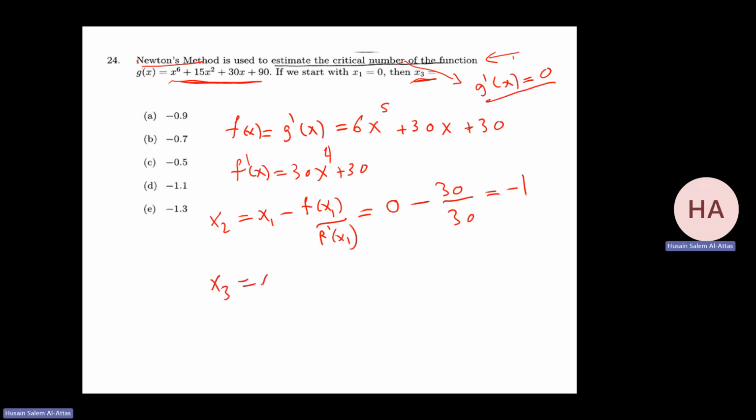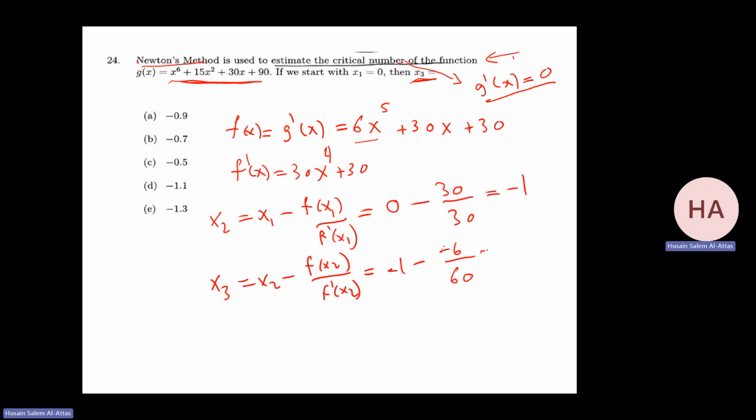Now x3 will be x2 minus f of x2 over f prime at x2. And x2 is minus 1. So minus 1 minus f of minus 1, which will be minus 6 minus 30 plus 30, so that will be minus 6, over f prime at minus 1, which is minus 30 plus 30, that will be 60.